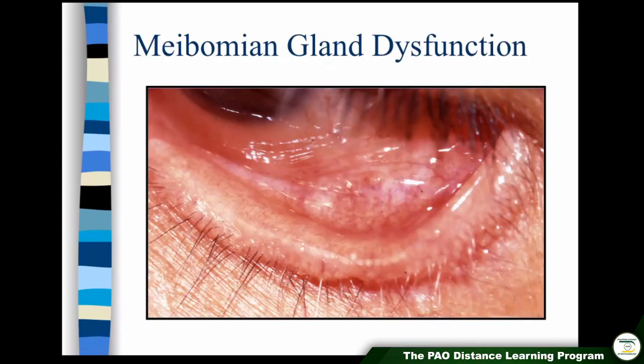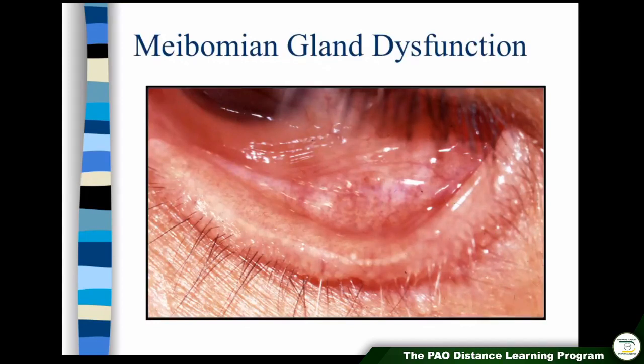You don't really see changes on the lashes. You basically see changes at the orifices of the meibomian glands, and that is behind the gray line.